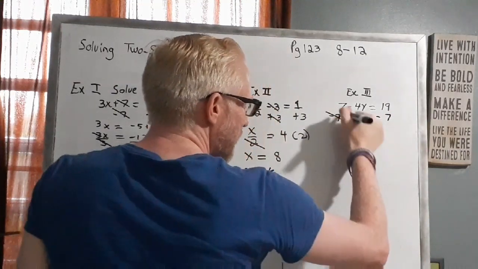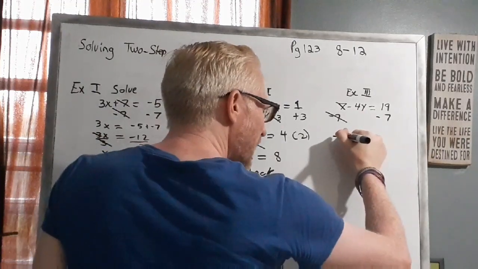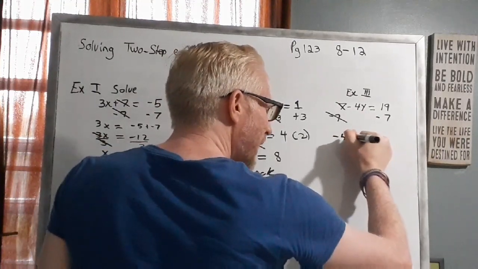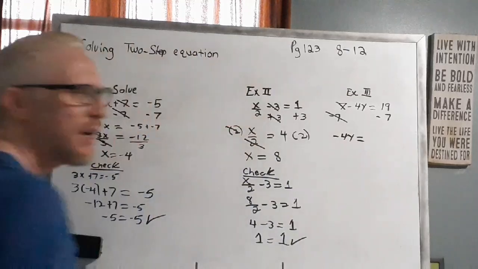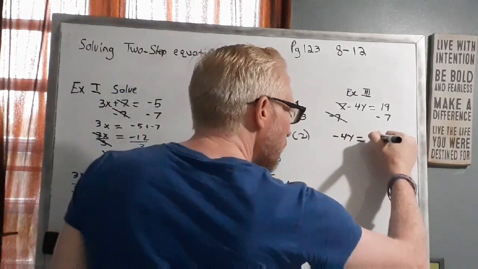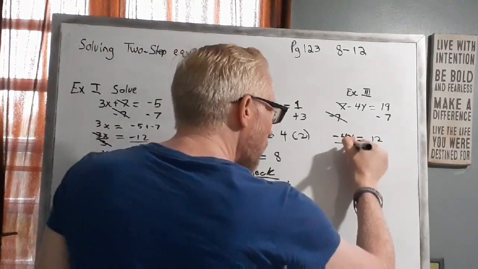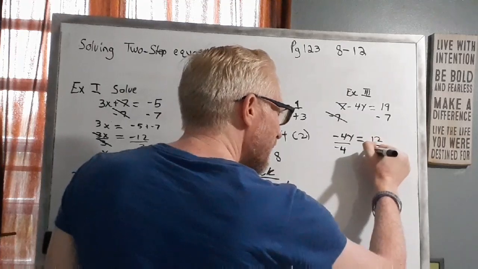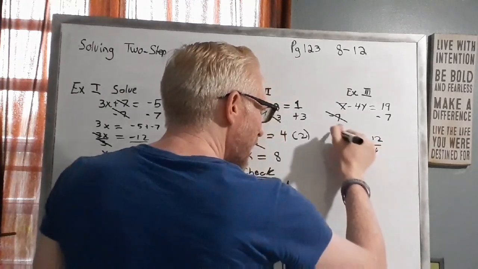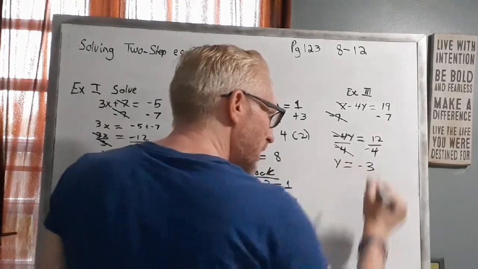So this is going to cancel out, which means I bring down this minus sign and the 4y, turning that into negative 4y. And 19 minus 7 is 12, so that would be negative 4y equals 12. You divide by negative 4 on both sides, and this cancels out, and that would be y equals negative 3.